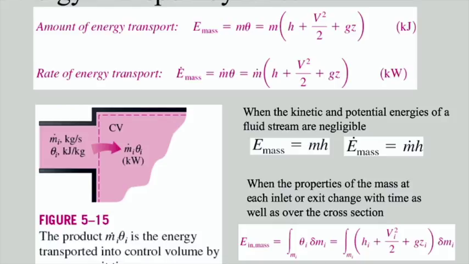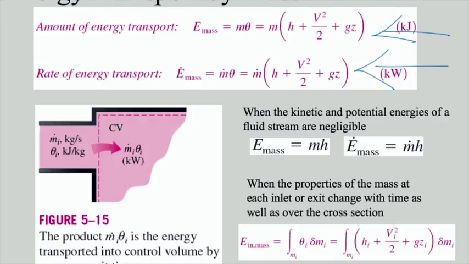With the term PV introduced into our energy balance, and by introducing the term enthalpy, now we can calculate the rate of energy transported for a moving fluid, as shown in these energy equations.